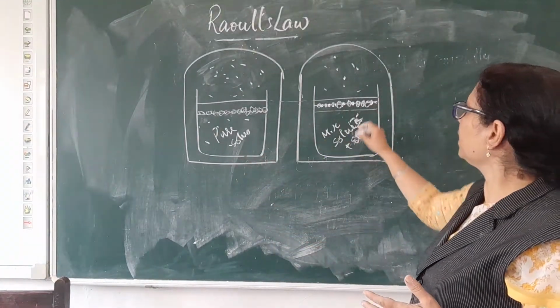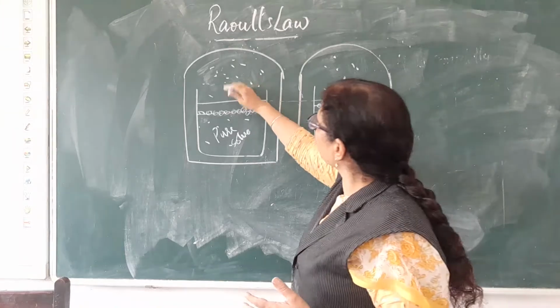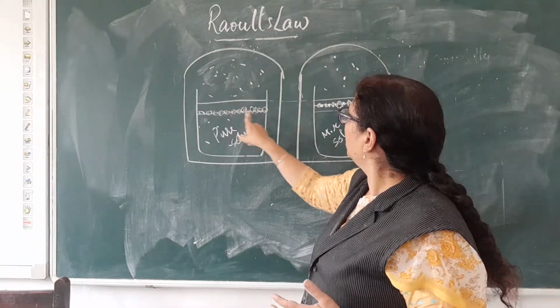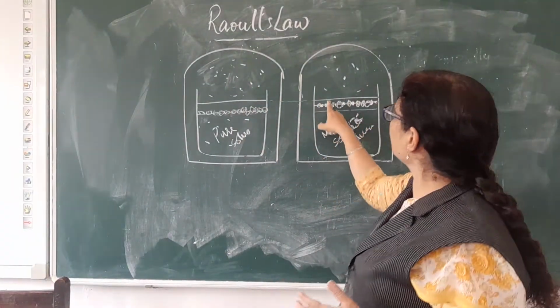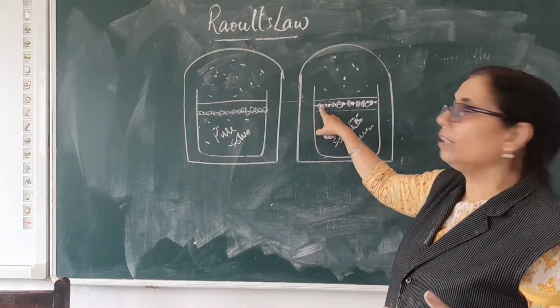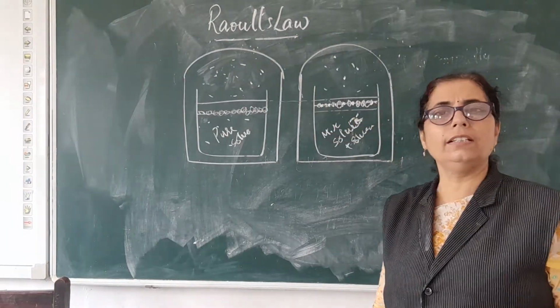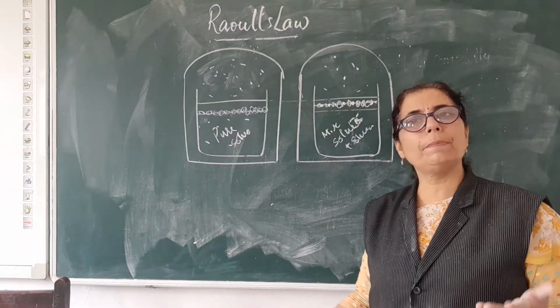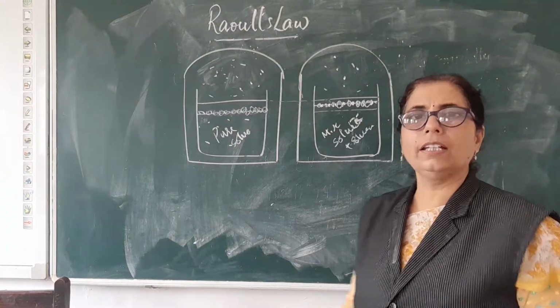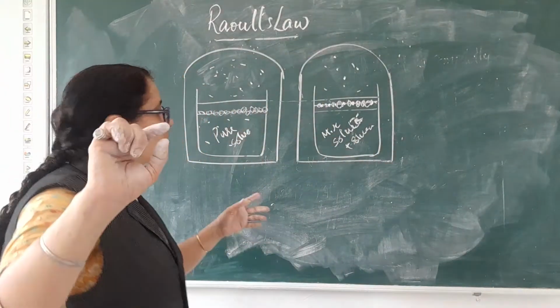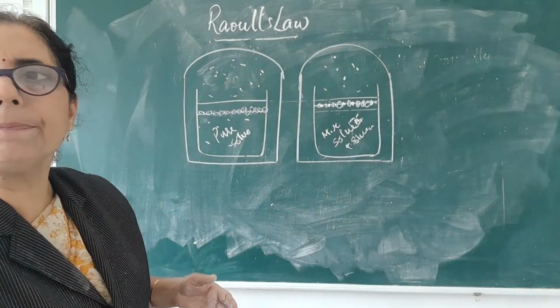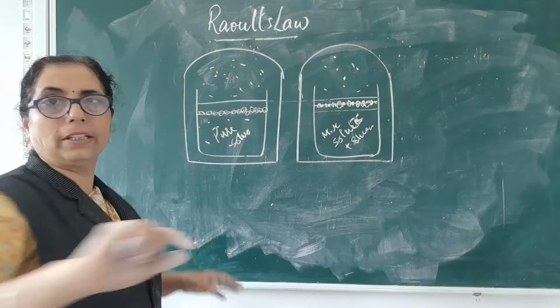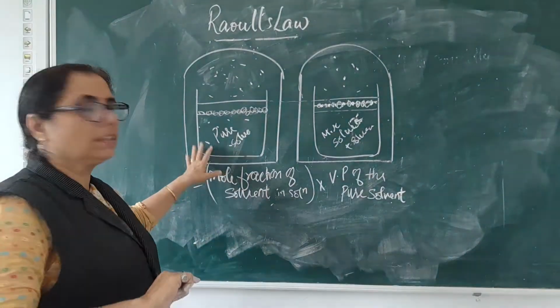Here you will see the pressure exerted. The pressure exerted by this vapor is up till here, but here the difference in pressure is very small, only because the non-volatile solute is not participating in forming vapor pressure. So in this way, Raoult's law can be explained with the help of a solid in a liquid.